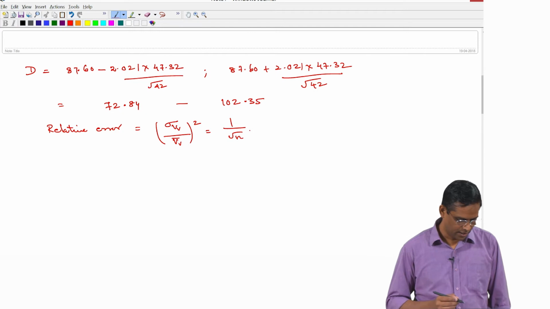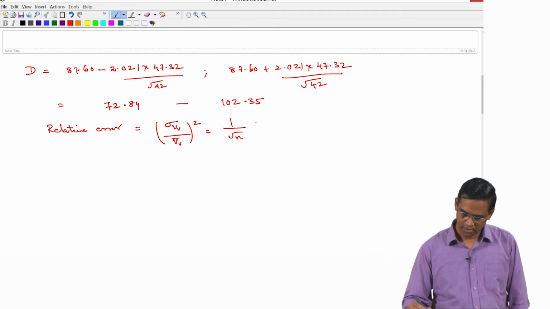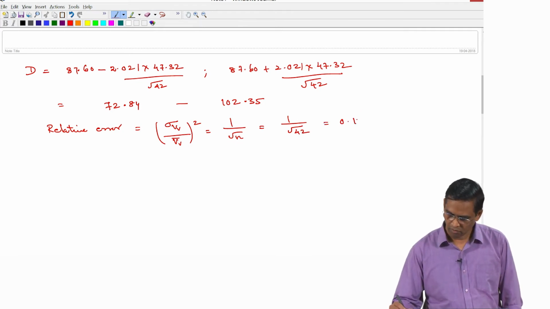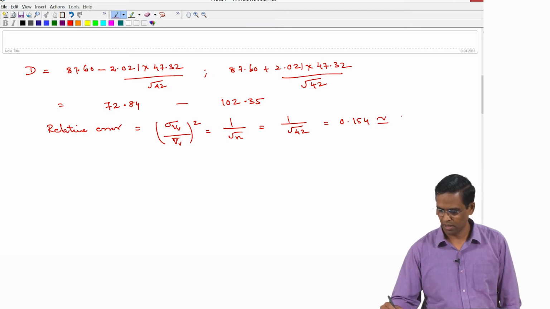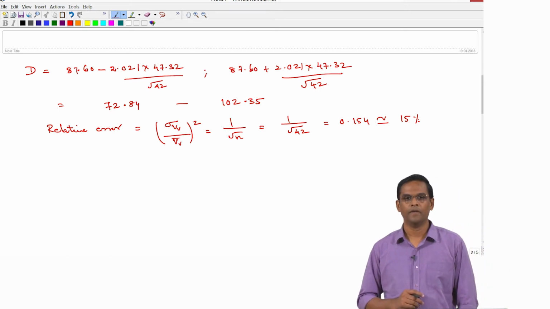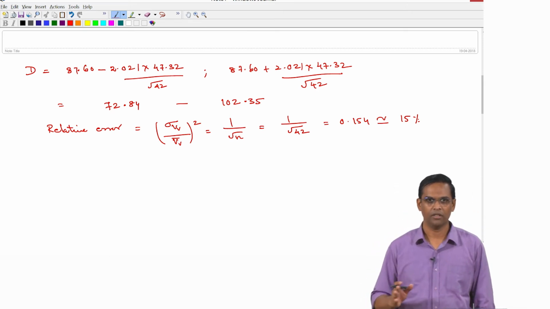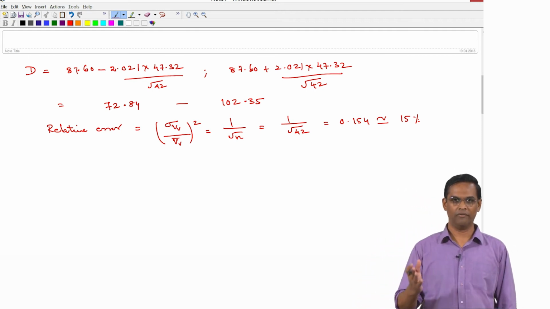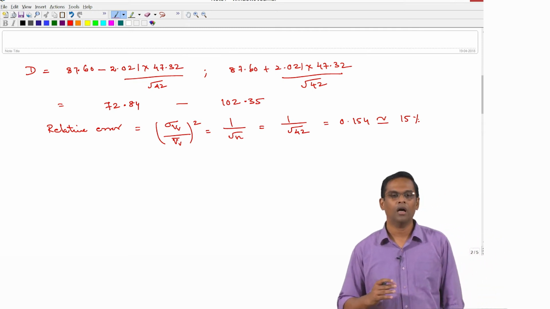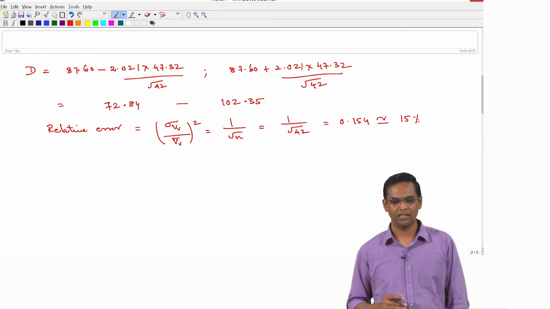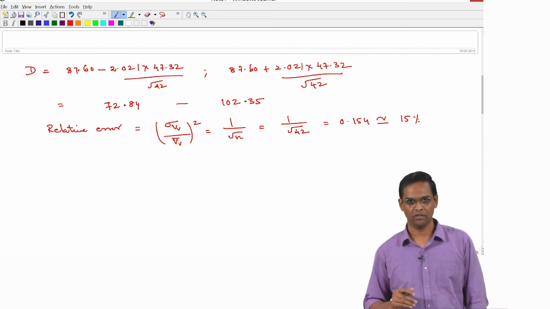So, here we have 0.154, approximately 15% error. Whatever calculation we have done for the point fraction, which is equivalent to the volume fraction, if you say that the volume fraction of the graphite nodules in this microstructure is about 17%, then you should expect that it is with approximately 15% of an error.